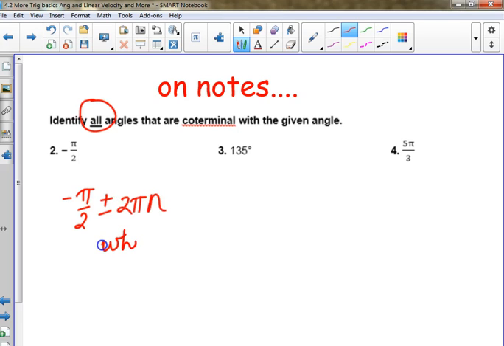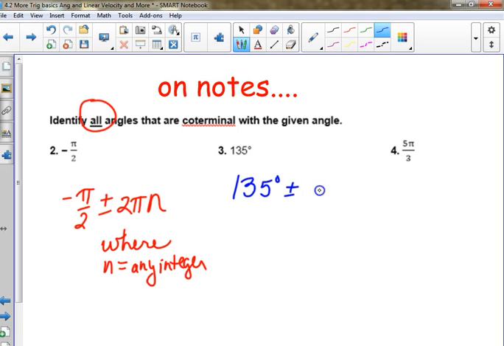And because this is our notes, I'm going to write where n equals any integer, but you don't have to have that. All right, what about number 3 here? If they started at 135, then when we do plus or minus, we have to do 360n.